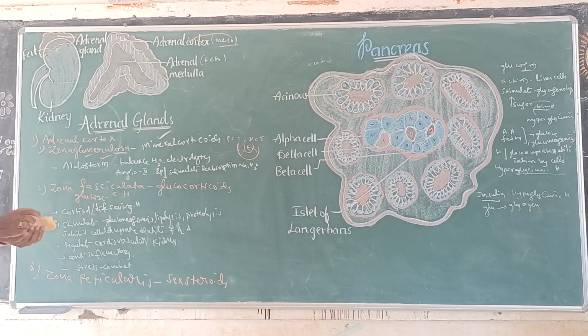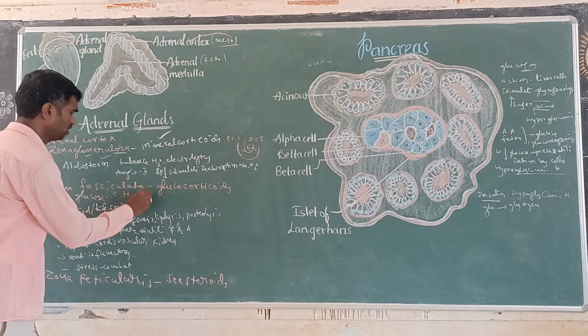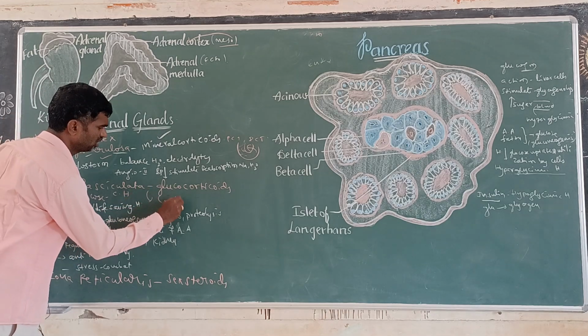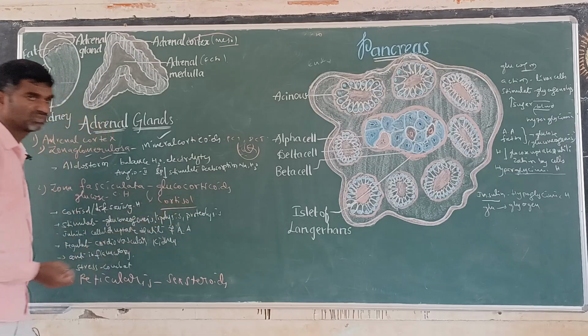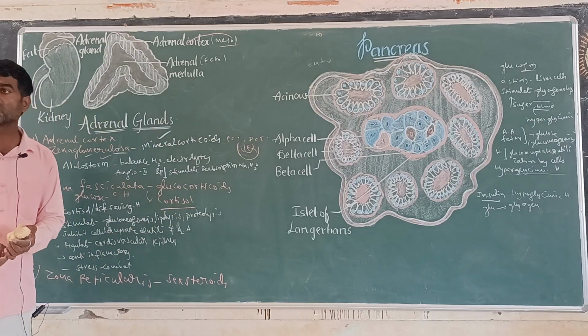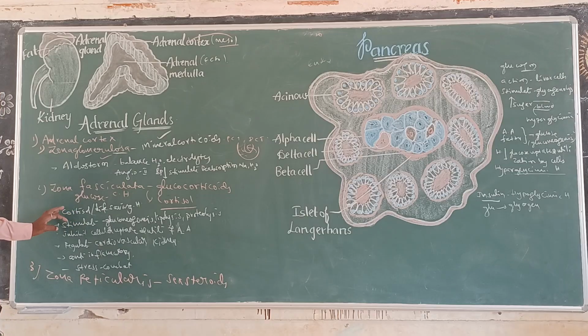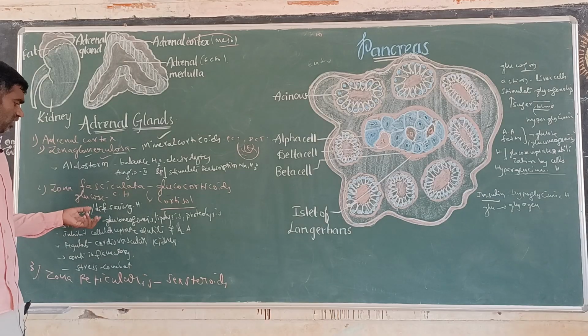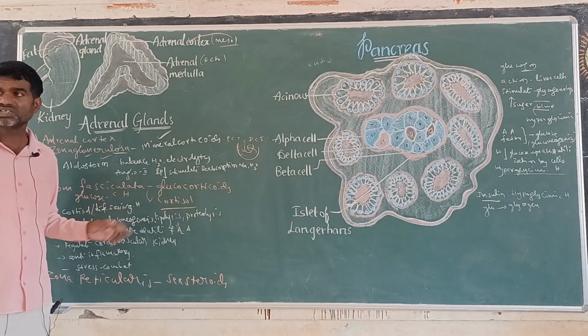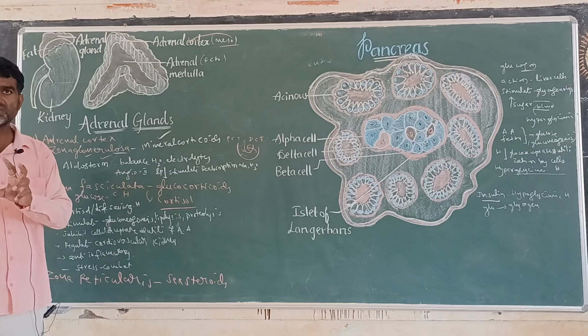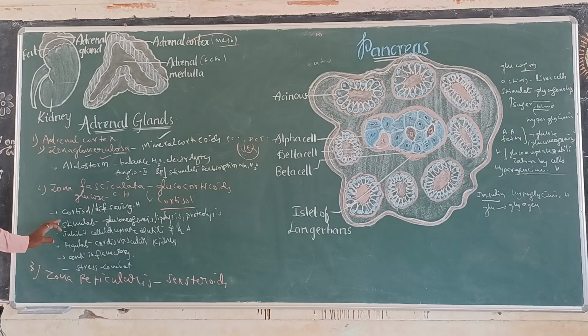The zona fasciculata secretes cortisol, which is the main glucocorticoid. Cortisol is called the life saving hormone.